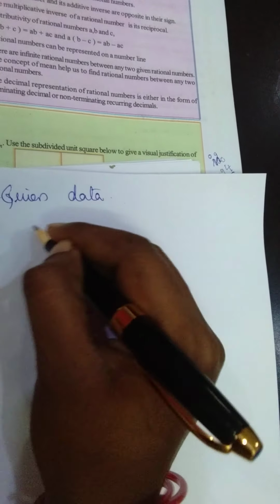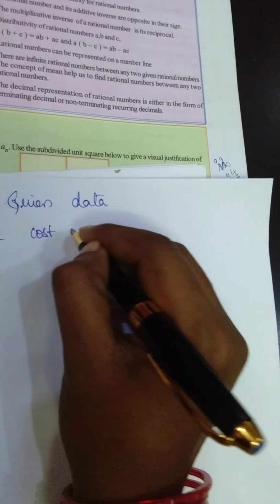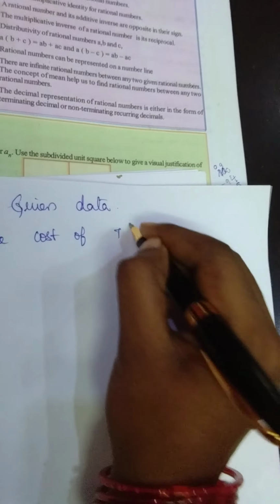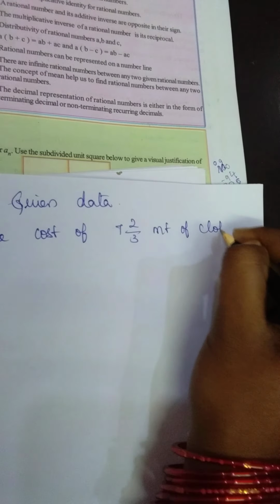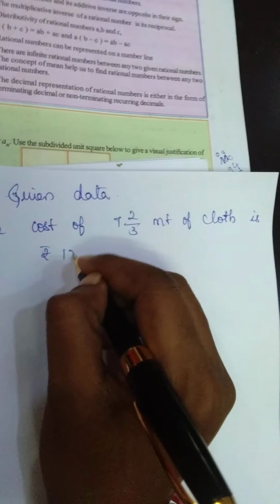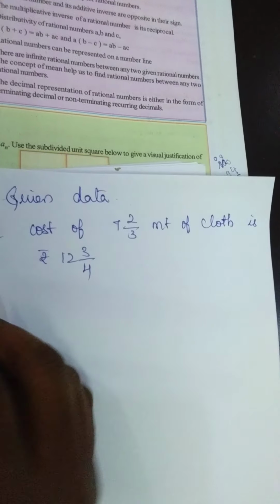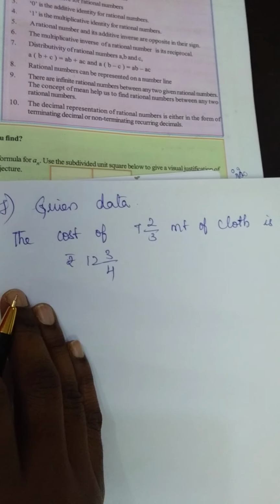First of all, the cost of 7 2/3 meters of cloth is rupees 12 3/4. This much you are having.